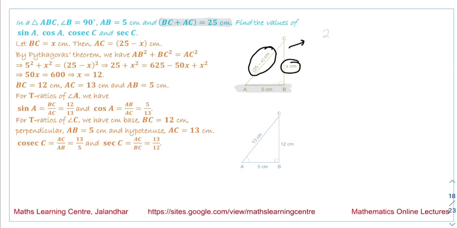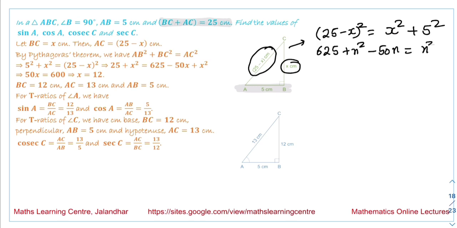By Pythagoras theorem, we have (25 minus x) square equal to x square plus 5 square. So we get 625 plus x square minus 50x is equal to x square plus 25. These x square cancel, and we are left with 50x is equal to 600. So the value of x is 12. It means BC is 12 centimeter.